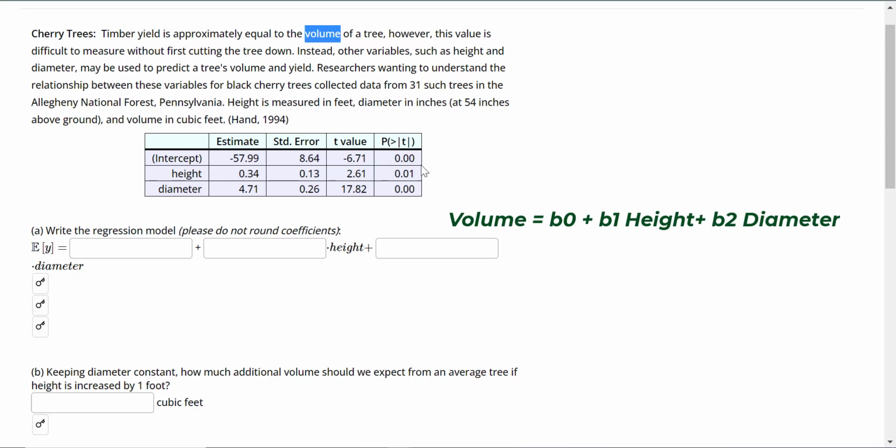And the output of a software has given us the t-table that we usually have, the analysis of the intercept and the slopes, and is asking us to write the regression model.